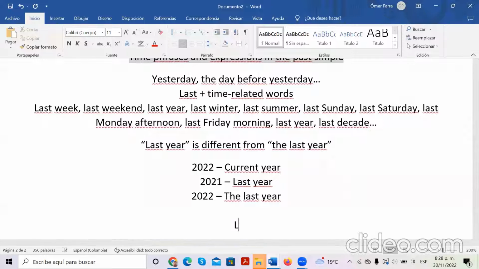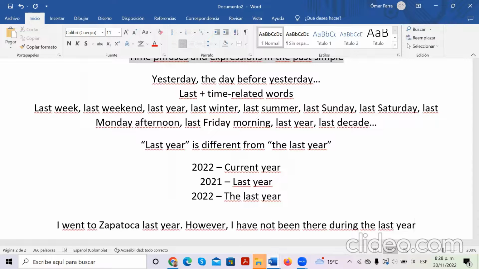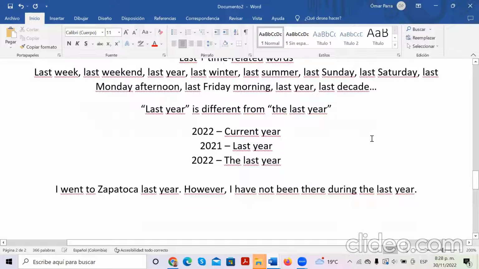Here is an example. Last year, I went to Zapatoca last year. However, I have not been there during the last year. Did you get the difference?